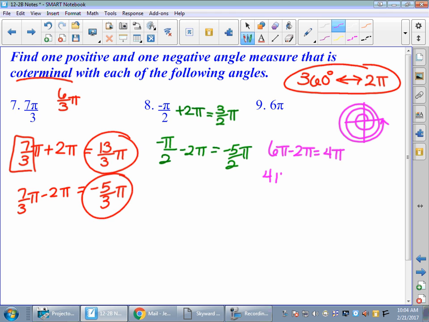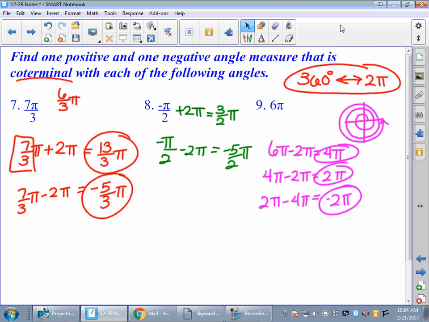I take that 4 pi and subtract 2 pi again, which takes me to 2 pi. And if you want to get to the negatives, do a little thinking and say, how do I get there? I have to subtract 4 pi from 2 pi. So negative 2 pi is there's your negative. You've got a couple of positives in there. Any one of those would work. Okay? So it's just adding and subtracting 2 pi.